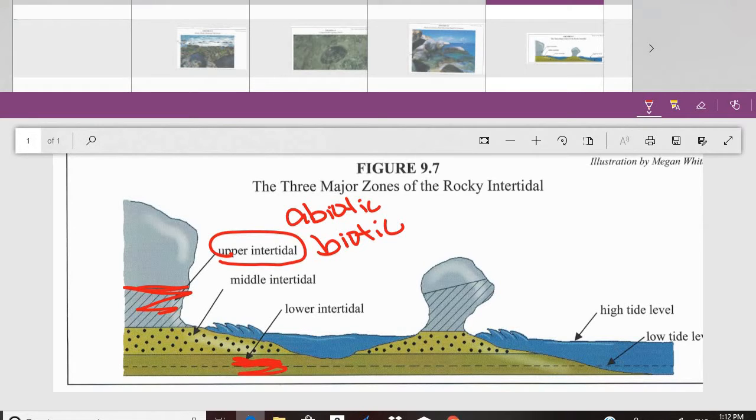Down here at the bottom, they're probably not going to have to deal too much with predators like birds or other shore-type animals. Whereas in the upper intertidal zone, that's something that's going to be more of a factor that the organisms have to deal with.